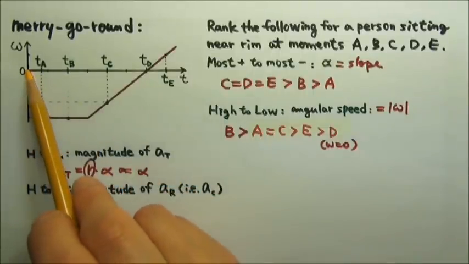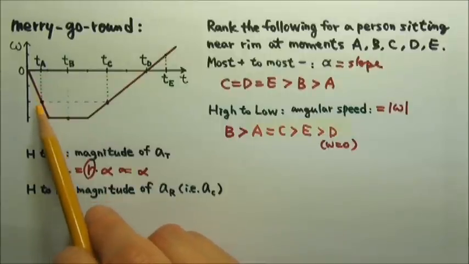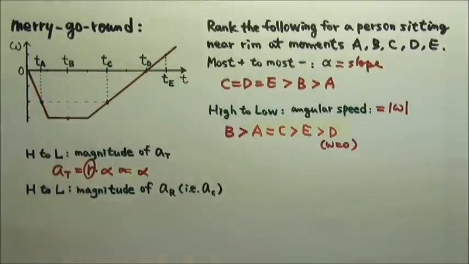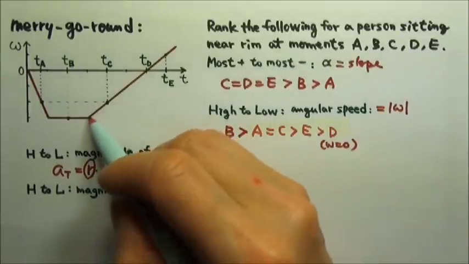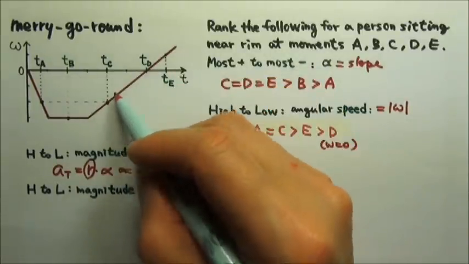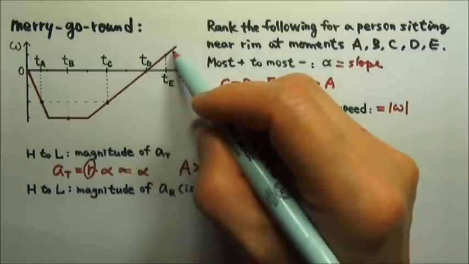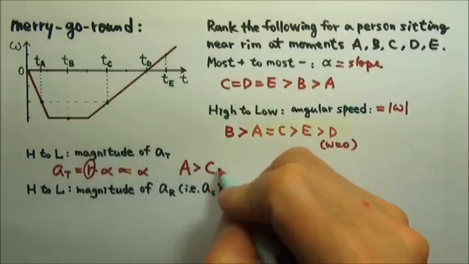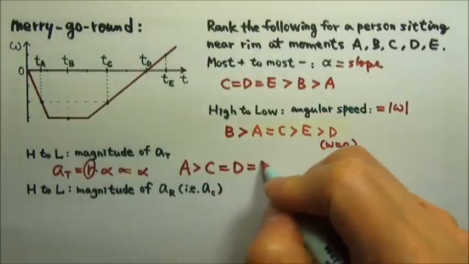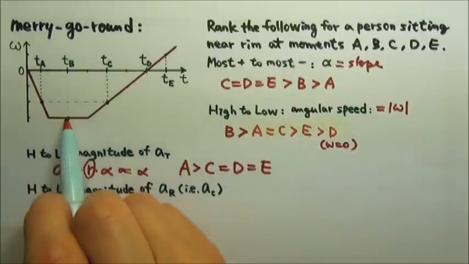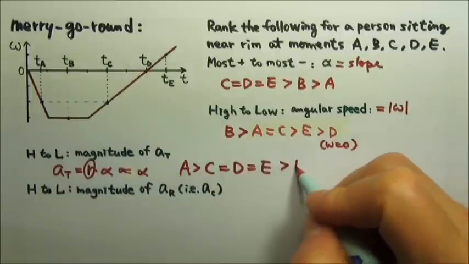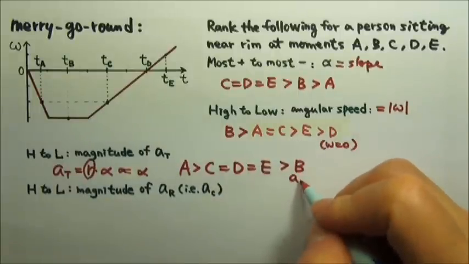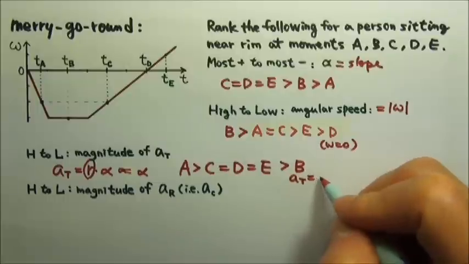The slope has the largest magnitude for A. And then this is less steep. And C, D, E have the same steepness. So C equals D equals E, and then the slope here is 0. So this is the smallest, where the tangential acceleration is 0.